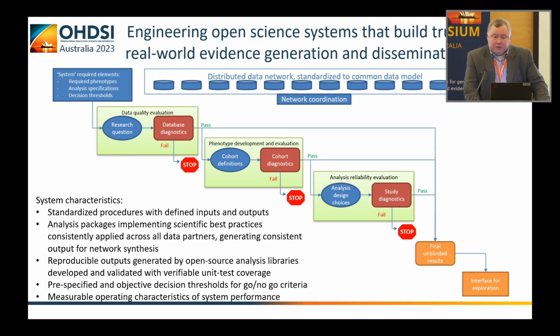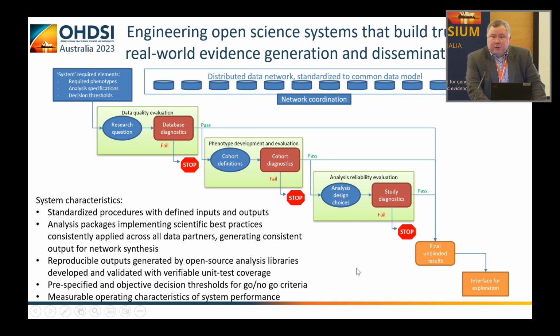All right, so I highlighted this yesterday, that what we're really thinking about here is we're trying to engineer an open science system to generate reliable evidence. Up top here in this schematic, because we'll use this again, the first premise of this is that we need to standardize our data to the OMOP common data model. So you got that demo from Mui and Song earlier today.